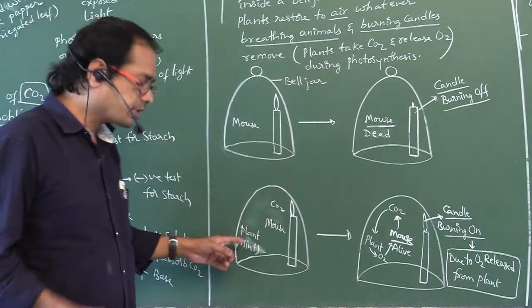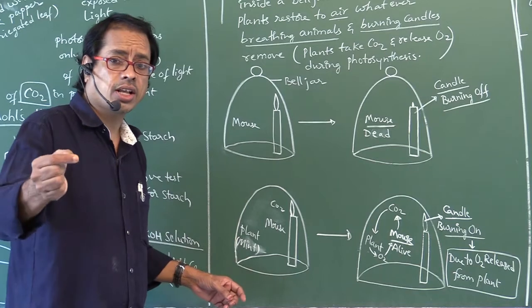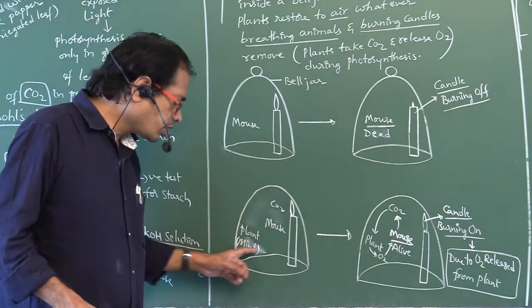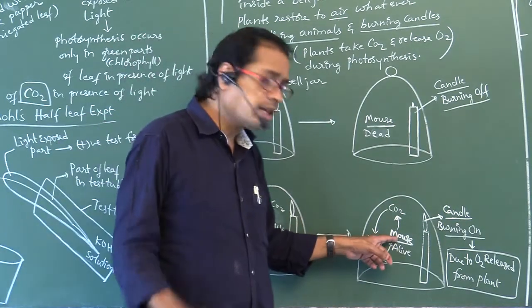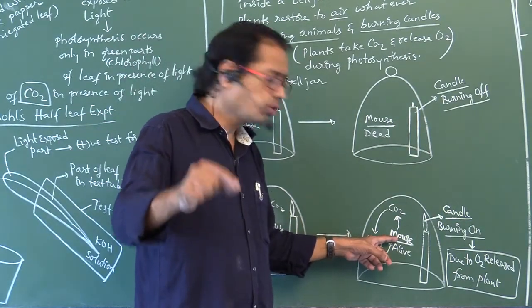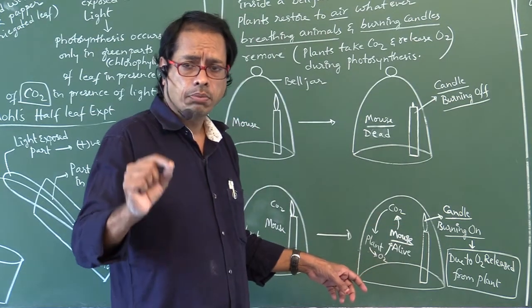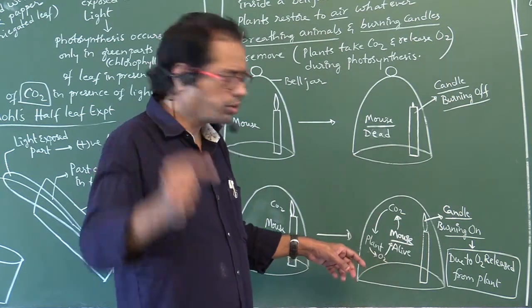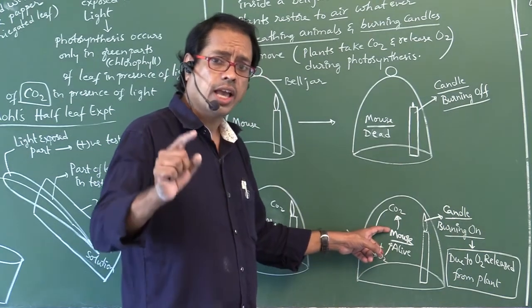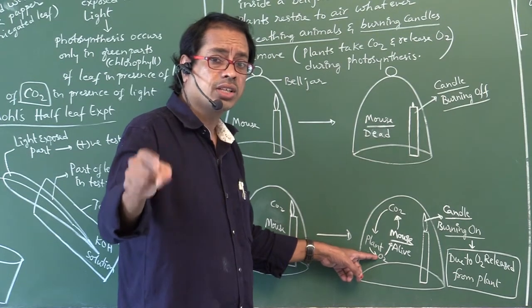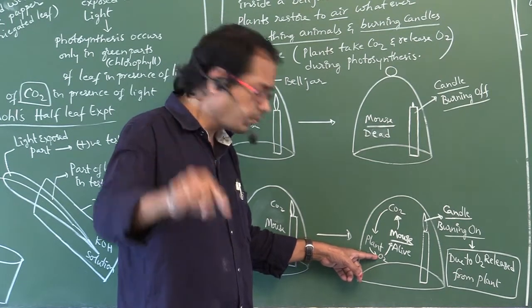Here photosynthesis occurs, that is, O2 is released. The released O2 is absorbed by the mouse and also used by the candle, so the candle keeps burning. The mouse was still alive due to the oxygen obtained from plants.